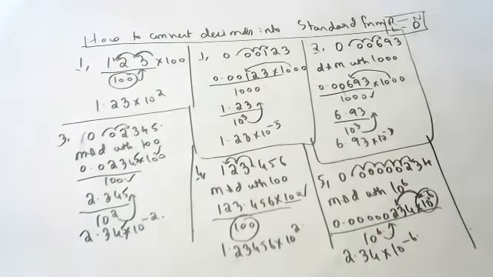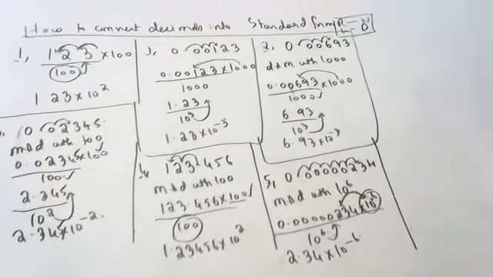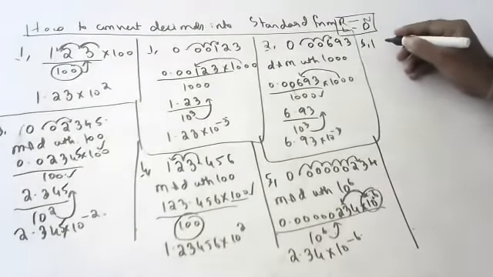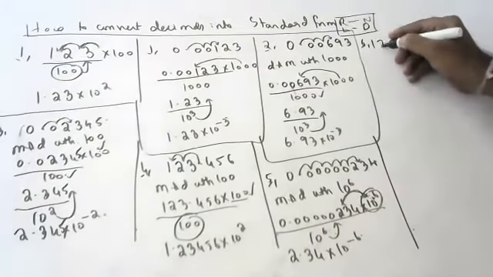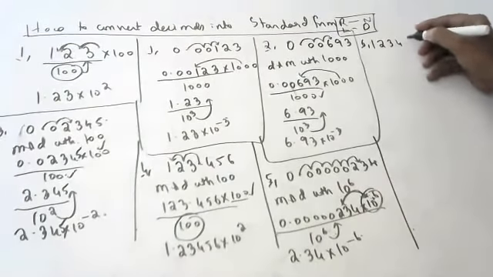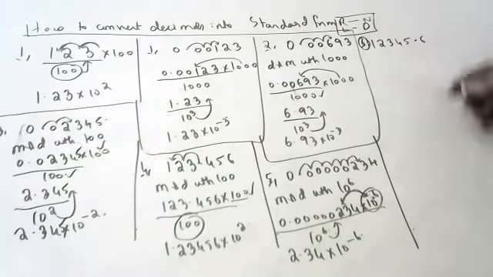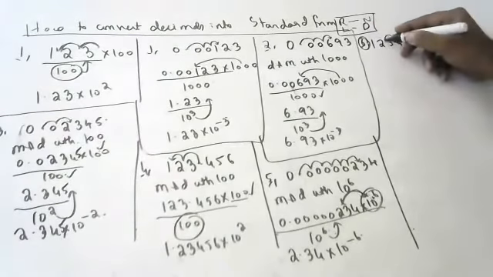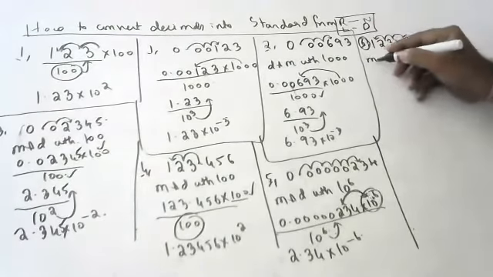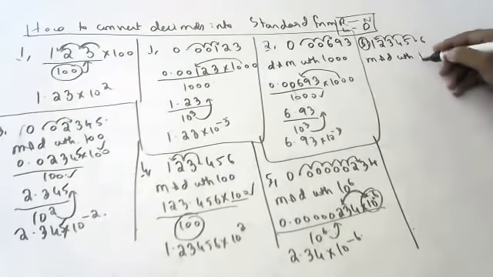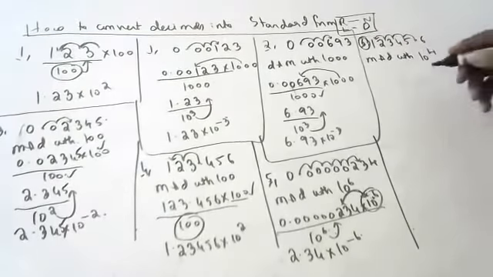Next, Nikita. 1, 2, 3, 4, 5.6. Nikita, multiply and divide with? Multiply and divide with 10 to the power of 4.